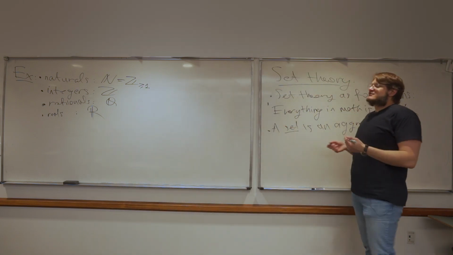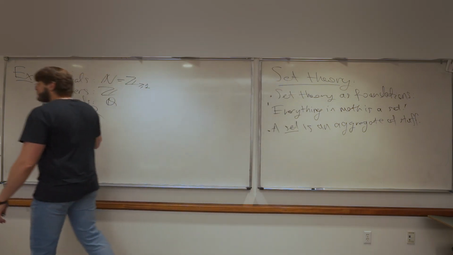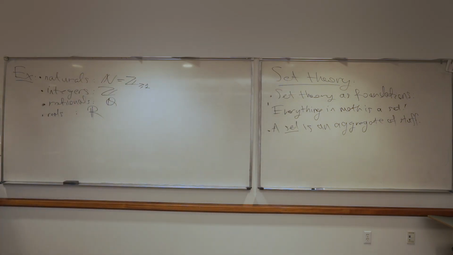Why? Because I want to avoid the question of whether or not 0 is included. Believe you me, it's going to be an issue every once in a while. If I need to include 0, I'm going to write Z with a subscript greater than or equal to 0.